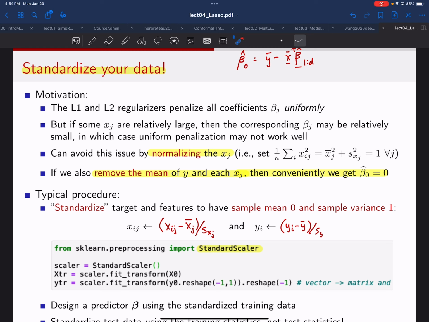Okay. Then we're doing the same thing to the target data, except there's one little annoyance: the way this function is written, it only works on matrices, meaning two-dimensional quantities. In scikit-learn, this is very different from MATLAB.